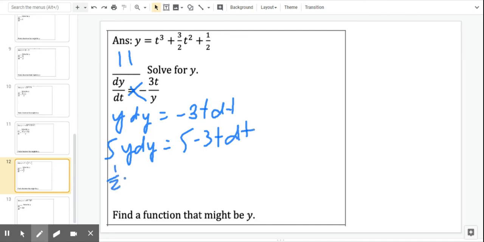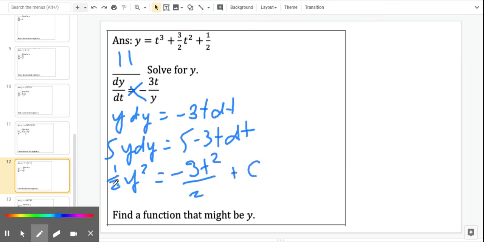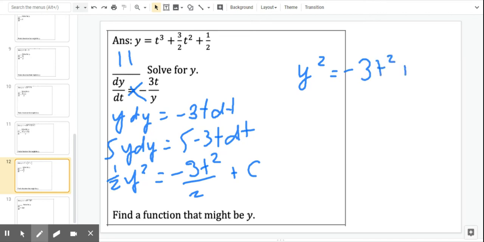This gives us 1/2 y squared equals negative 3t squared over 2 plus c. And then again, I want to get the y alone, so I'll multiply by 2 on both sides, and then I'm left with y squared equals negative 3t squared plus 2 times c, but we just write c because it's just an arbitrary constant.